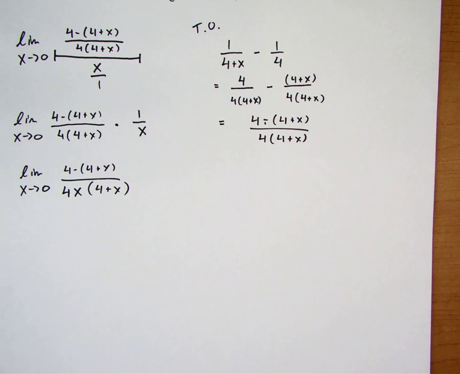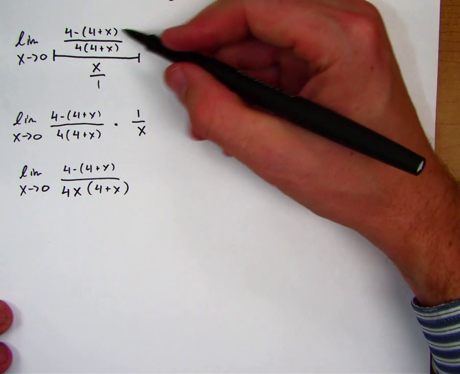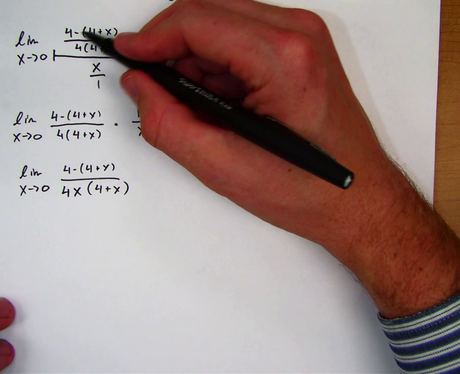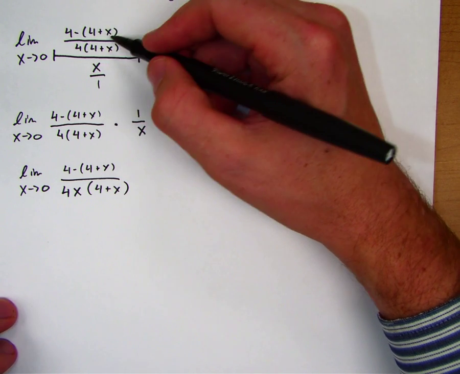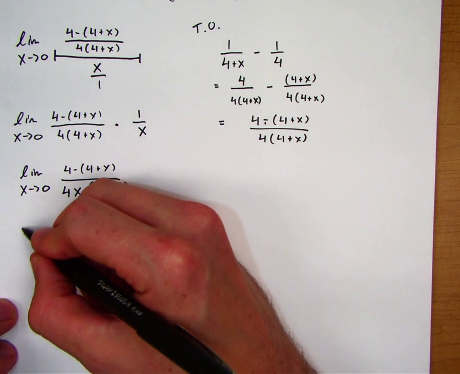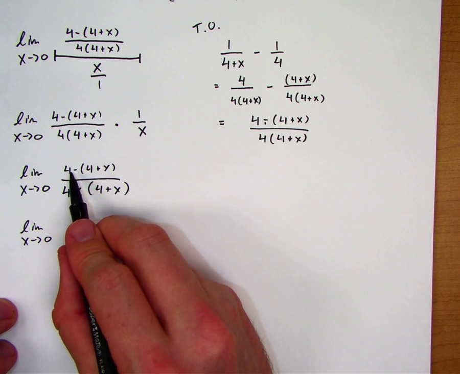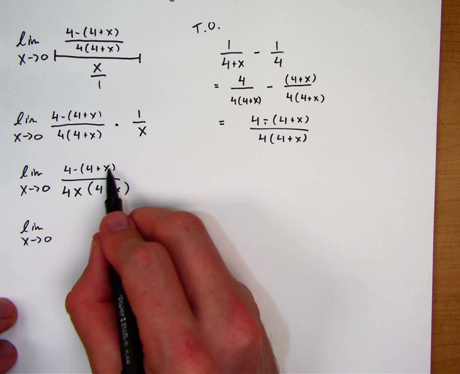Now we've got that. Some of you may have wondered why, even at this step, or maybe even over here, I didn't go ahead and multiply through by -1 and cancel out some stuff. Well, I can go ahead and do that here. So I have limit x goes to 0, 4 minus the quantity 4 plus x.